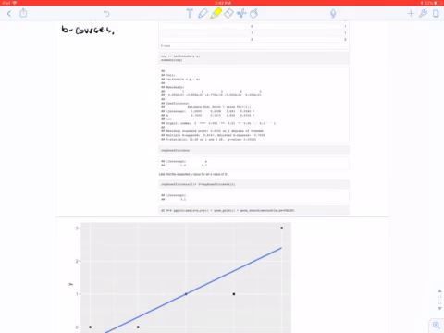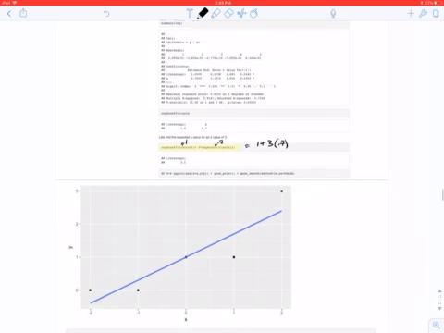Maybe I will just mention that in this equation here, regression coefficients is a vector, and so this bracket 1 is the first entry, so that's 1, and bracket 2 is the second one, that's 0.7.